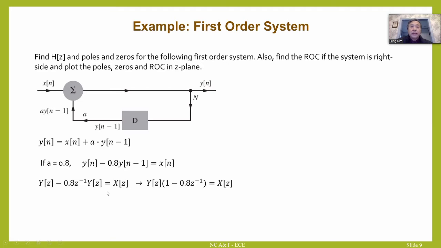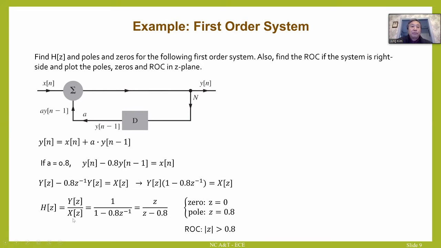Y of z is a common term, so we have 1 minus 0.8 z to the minus 1. Now output over input, which we define as the transfer function H of z, is 1 over this term.